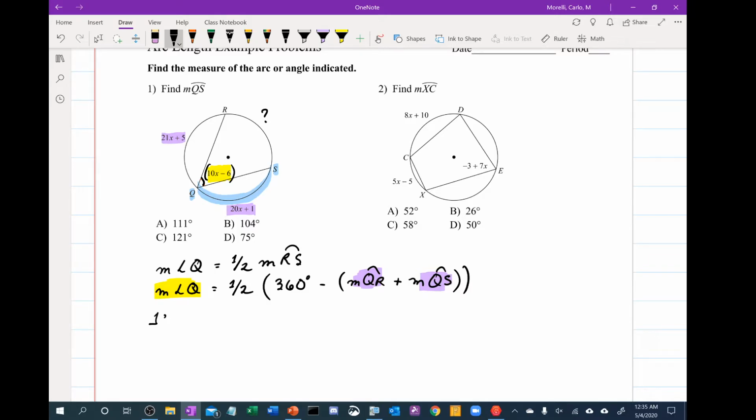So we'll write 10x minus 6 equals 1/2, open parentheses, 360 minus open parentheses. All right. So now we're going to put in the measure of arc QR, which is 21x plus 5.